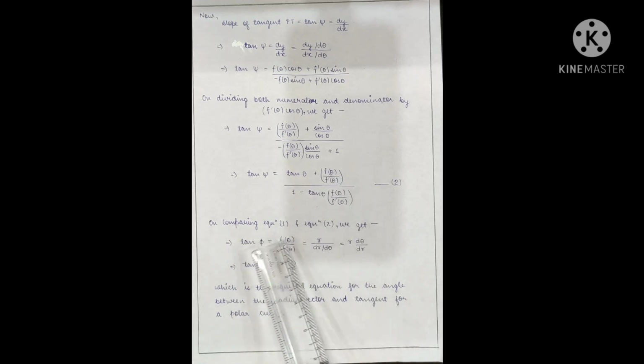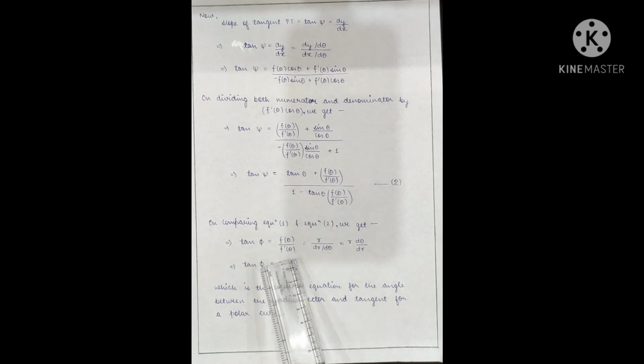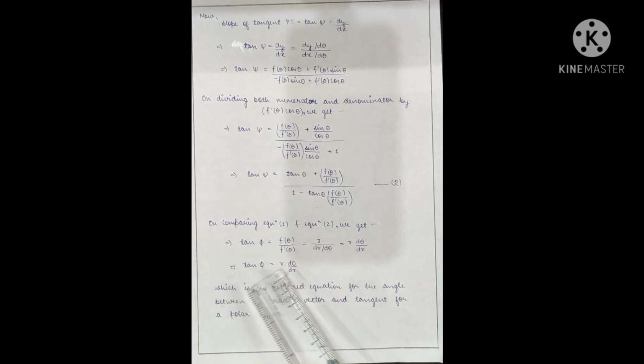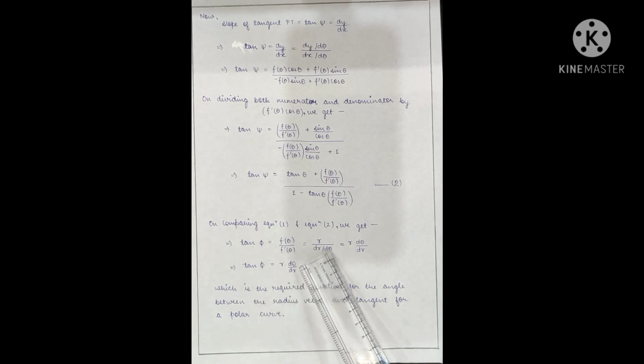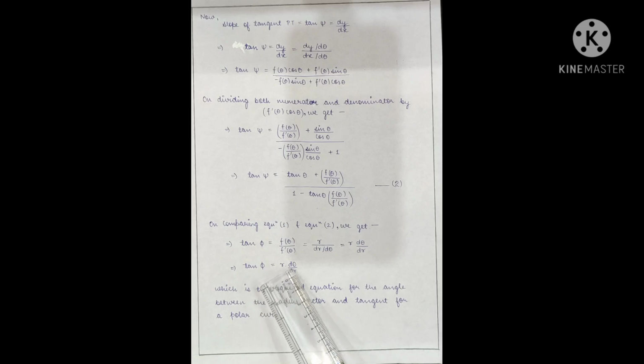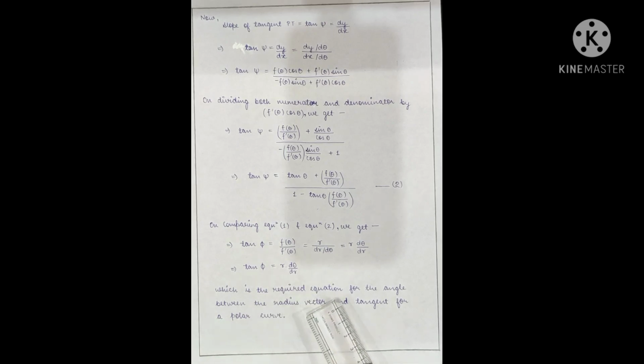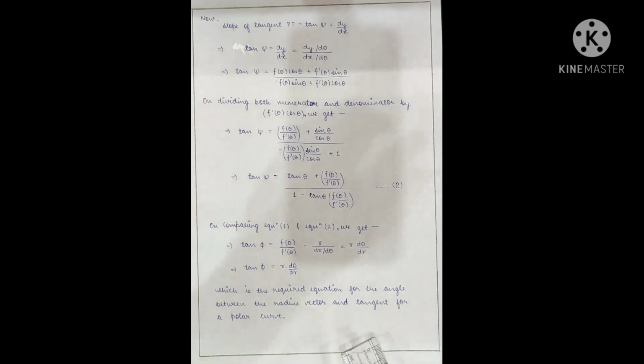So on comparing these two, we'll get tan phi = f(theta)/f'(theta). f(theta) was r, and f'(theta) will be dr/d theta. So tan phi will come as r d theta/dr. So this is the required equation for finding the angle between the radius vector and tangent for a polar curve.